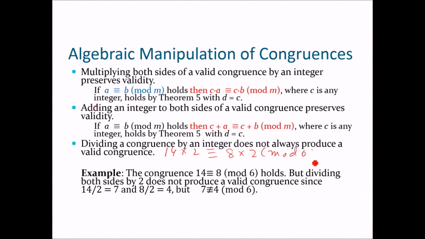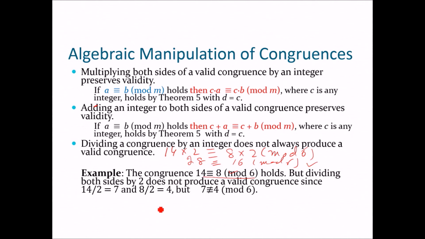First of all, let's check the validity of the original congruence relation, that is 14 is congruent to 8 mod 6. 14 minus 8 is 6 and 6 divides 6, so this is valid. Now multiplying both sides by 2, we have 28 is congruent to 16 mod 6. 28 minus 16 is 12, and 6 divides 12, so that is a valid relation.